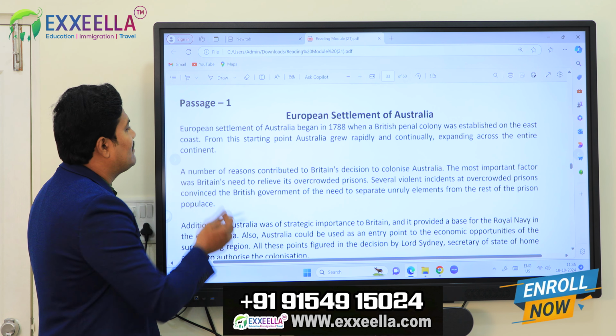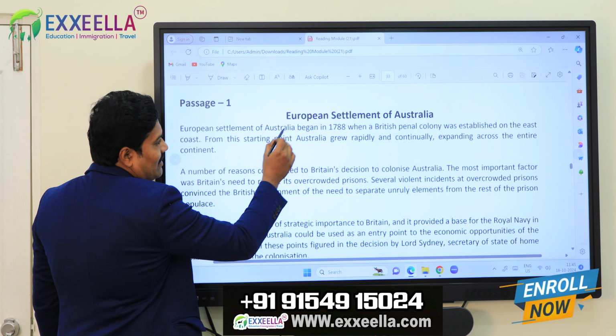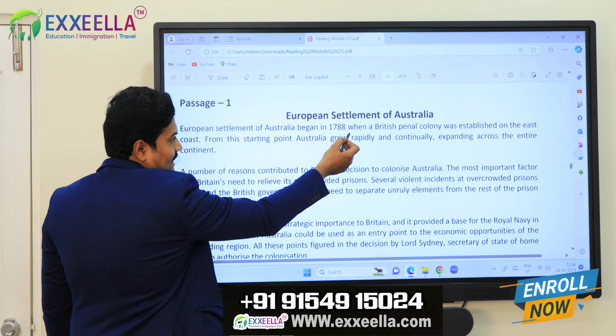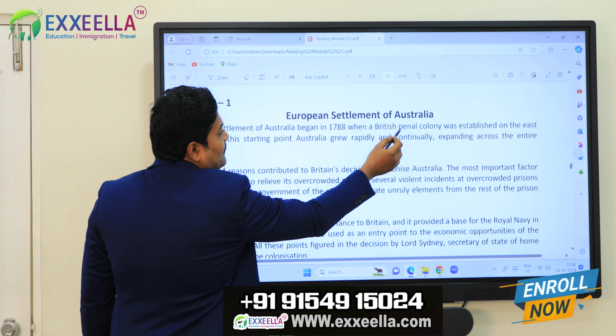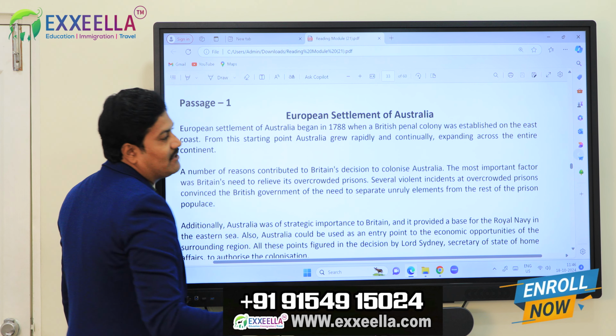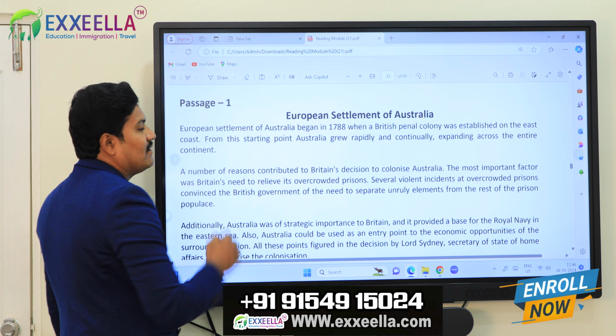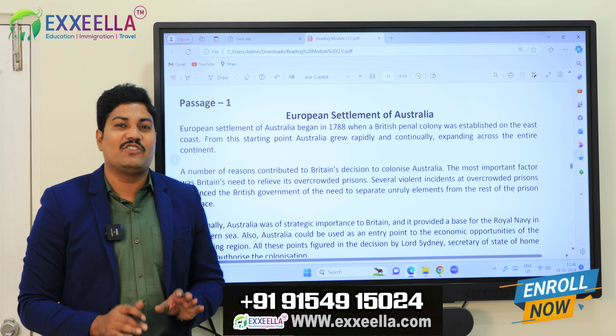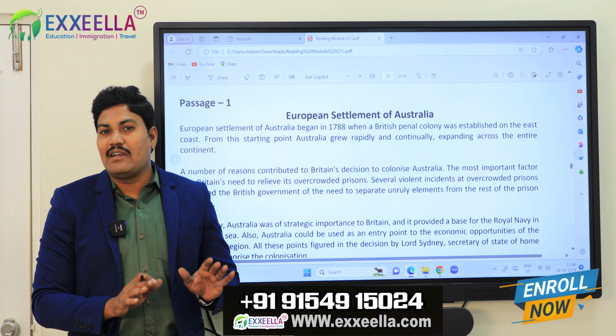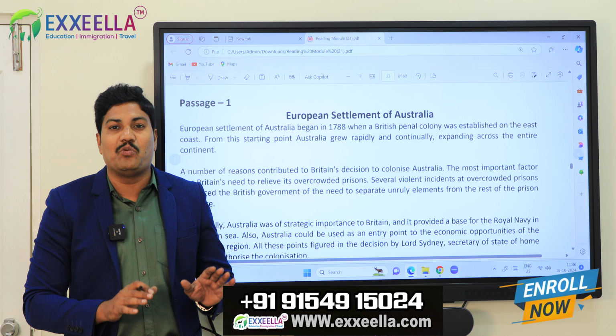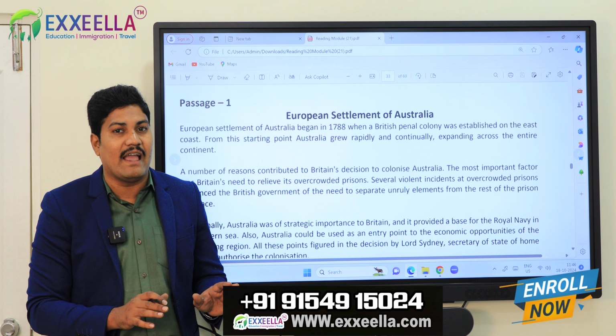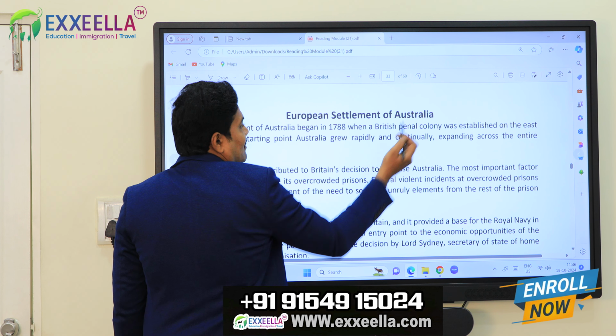Now let's focus on this sentence. European settlement of Australia began in 1788 when a British penal colony was established on the east coast. In this sentence we got the answer, because if you understand the entire sentence, it was originally founded as a British penal colony.